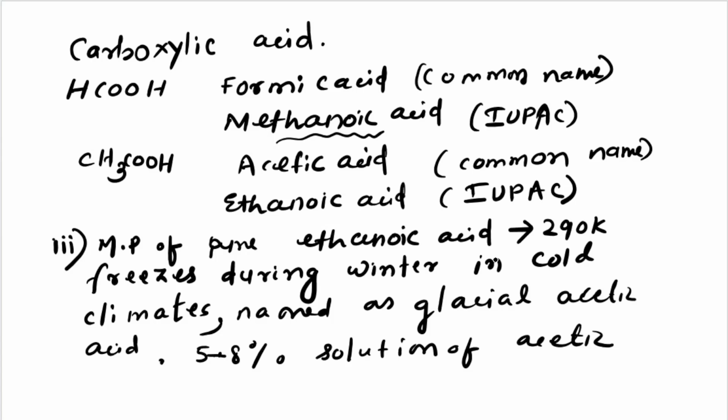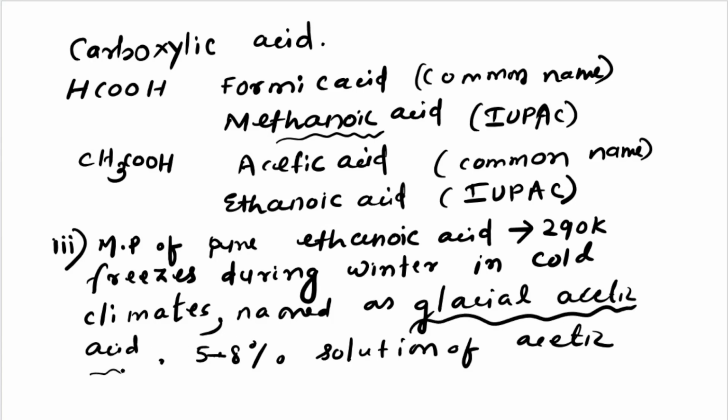It freezes during winter in cold climate. See, the ethanoic acid, or you can say acetic acid, can freeze during winter in cold climate. That is why it is named glacial acetic acid. What acid? Glacial acetic acid.